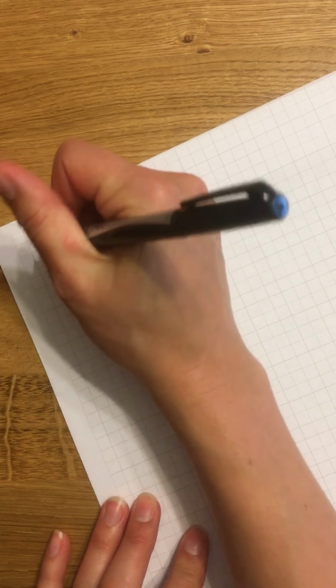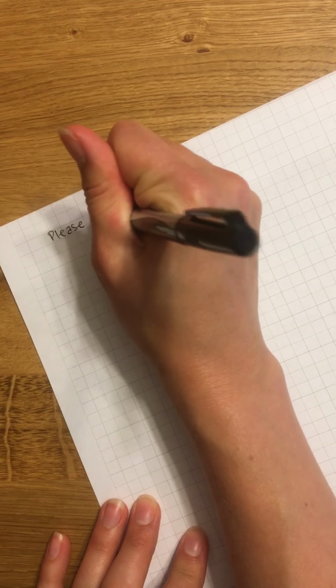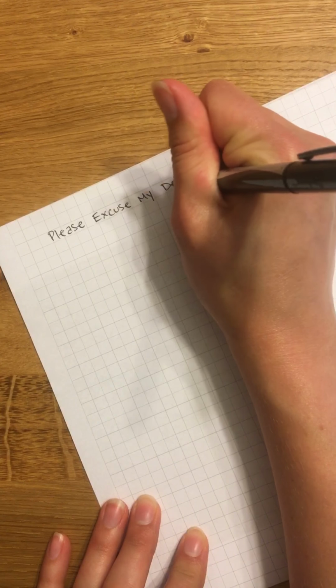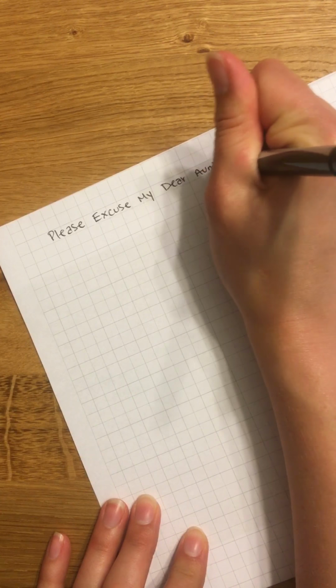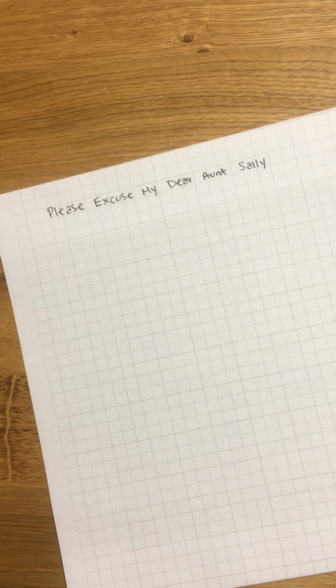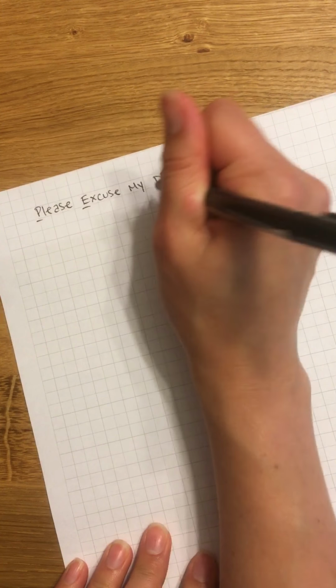So I'm going to write out, please excuse my dear Aunt Sally. And we're going to look at the first letter of each word of this mnemonic.